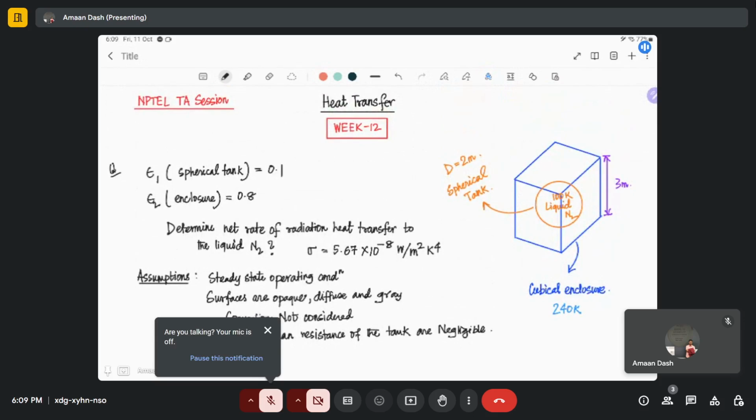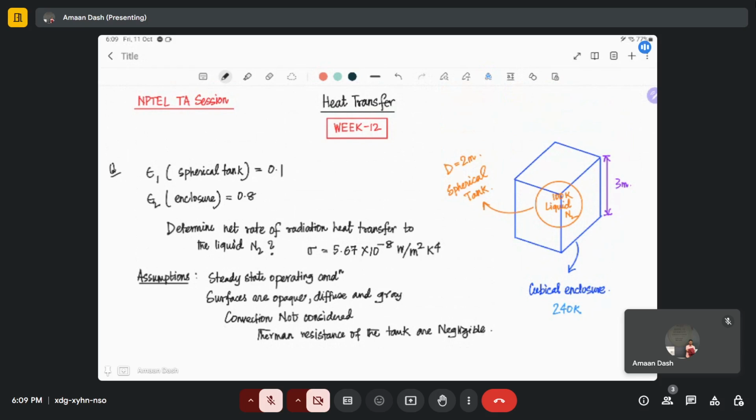So you have to use the equation for radiation. You can consider the Stefan-Boltzmann constant to be 5.67 times 10 to the power of minus 8 watt per meter square Kelvin to the power of 4.